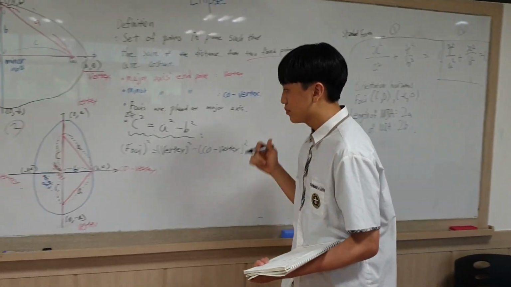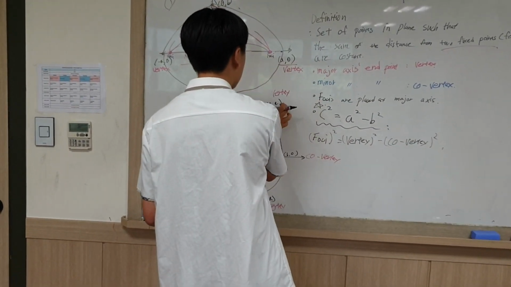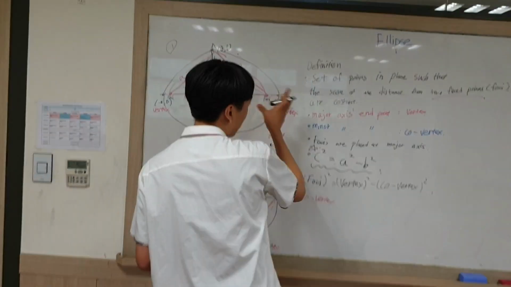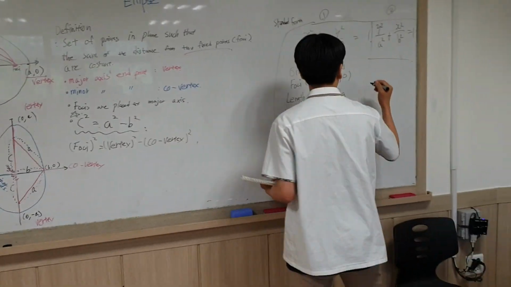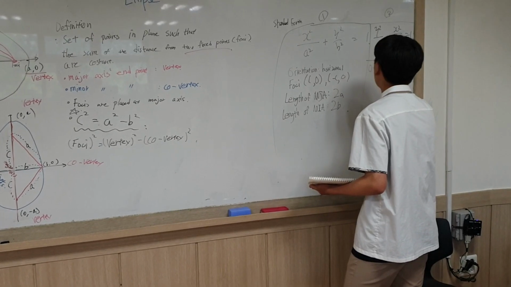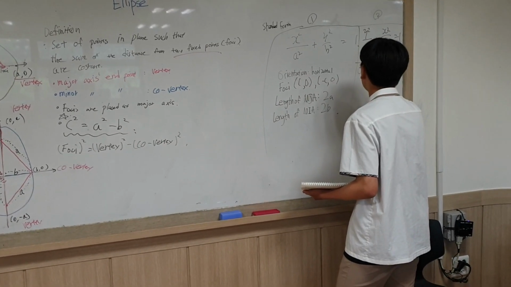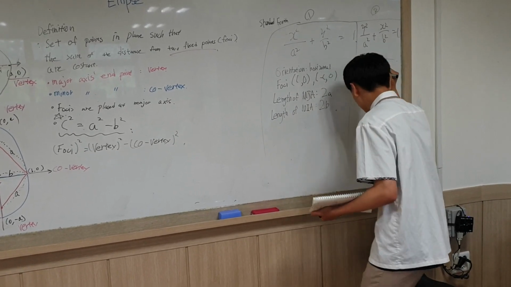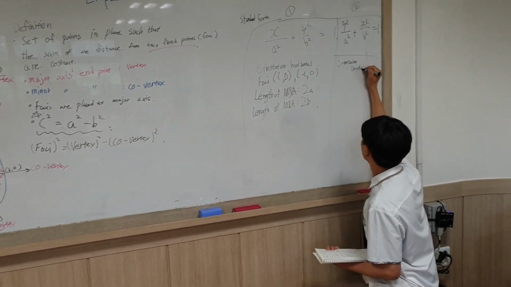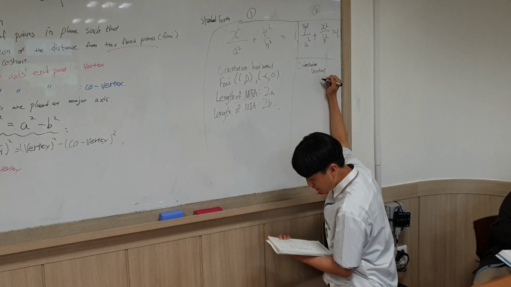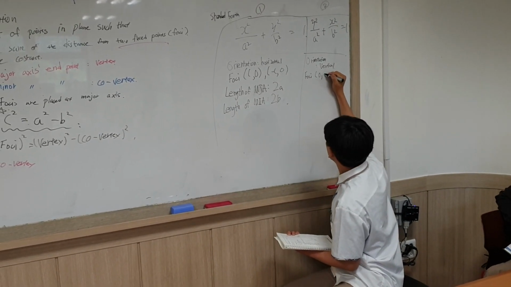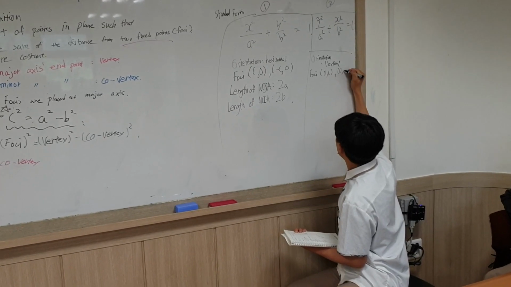Because now for here the vertex is changed, it's different from here, and now the orientation will be vertical, and the foci will also be changed, which will be 0, c and 0, minus c.